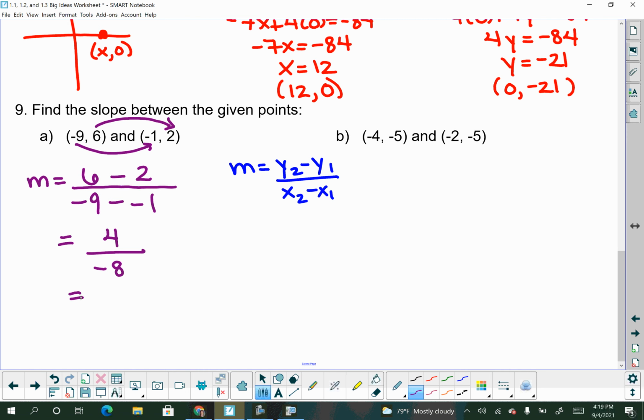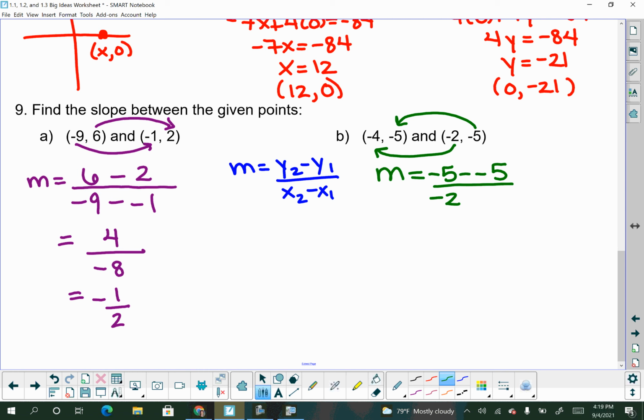And then this is just order of operations. We talked about this last time, right, guys? We simplify the numerator, simplify the denominator, divide last, and this would give me negative 1/2, or if you said negative 0.5, that's good. Let's do the one on the right. Y minus y. I'm going to do negative 5 minus negative 5. This time, if I started with the right, I do the same thing on the bottom.